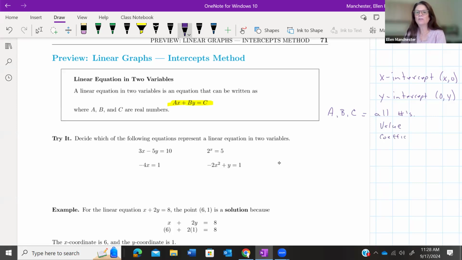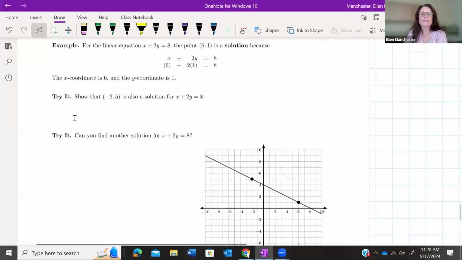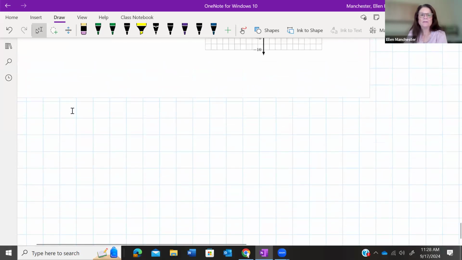These are all the same thing. They're just numbers. The X and the Y is always going to be there. Okay. So the way that you're going to find the intercepts makes your life very, very easy.